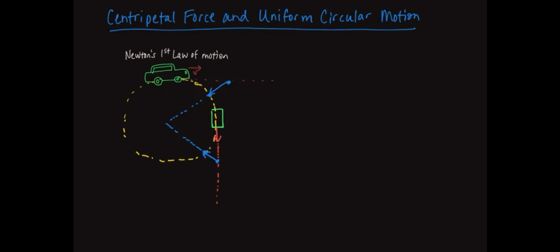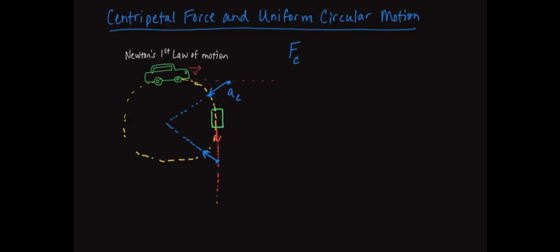And this change in velocity, the change in direction, even if it's moving at a constant speed, is called the centripetal acceleration. And the force that produces that centripetal acceleration is called the centripetal force.